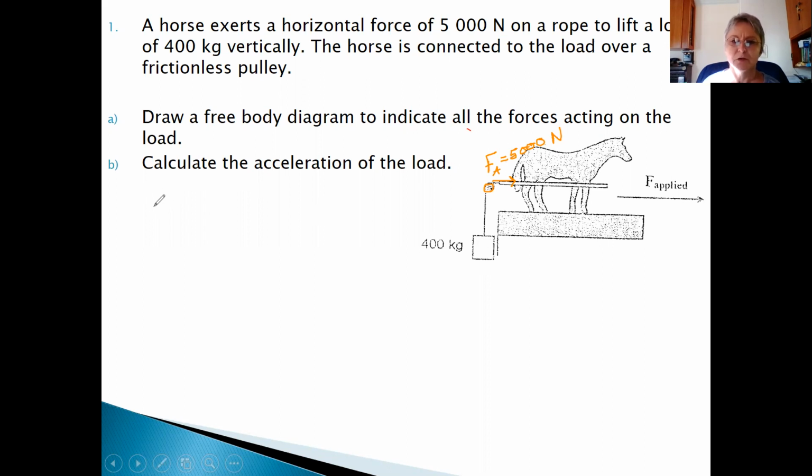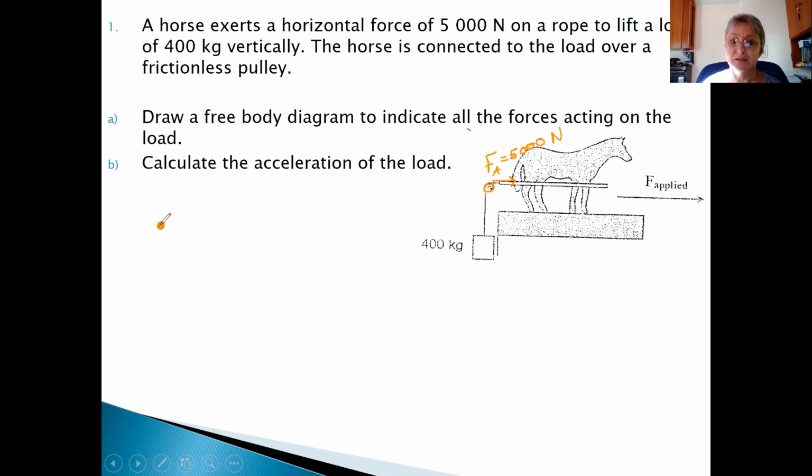Now, whenever we need to solve a problem like this, we need to draw a free body diagram to indicate all the forces acting on the load. So that is our starting point. This question asked for us to draw the free body diagram. They don't always ask you to draw the free body diagram.